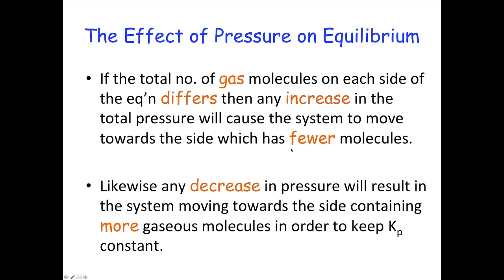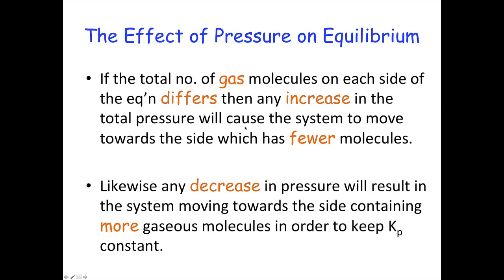So this would make sense if you know a little bit about your physics and the gas laws and so on, or kinetic theory, I should say. And you know that the more gas particles you have in a system, the higher the pressure. So let's apply the principle here and see if this makes sense. Your change to this equilibrium system is that you are going to increase the total pressure, right?